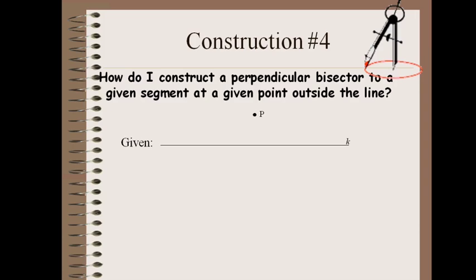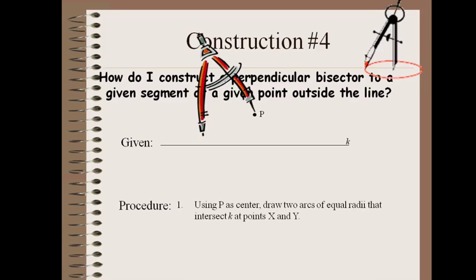So we need to draw a perpendicular bisector on K, but the line or the perpendicular bisector should pass through point P. First, I'll take my compass, I'll take P as center, and I'll take radius more than the perpendicular distance between P and K. More than the perpendicular distance between point P and line segment K.